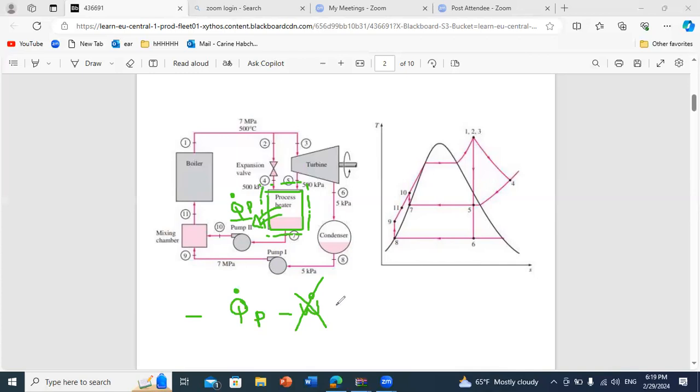This equals the sum of M dot in H in minus the sum of M dot out H out.